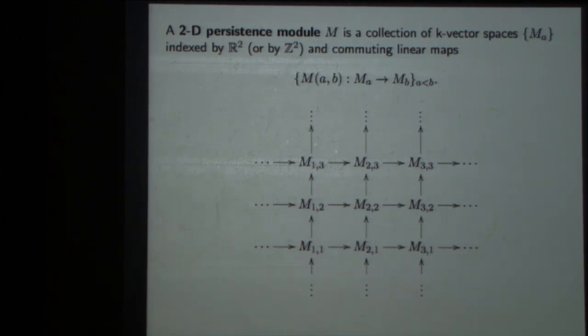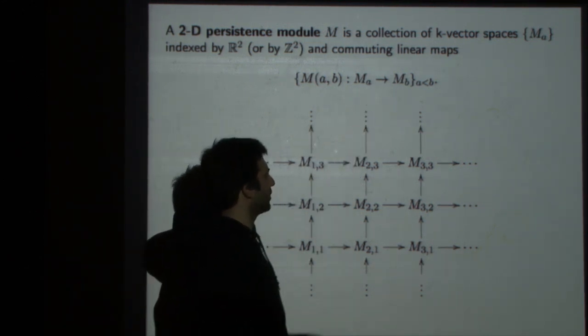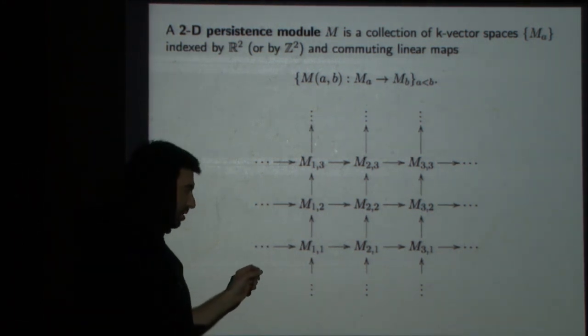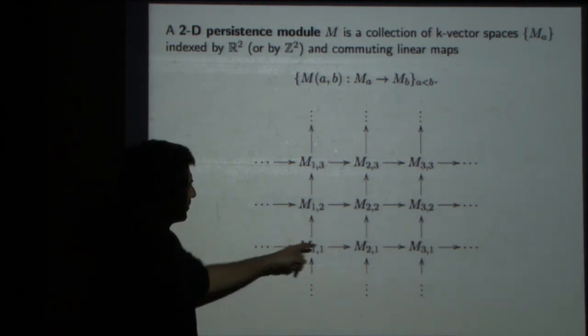Now similarly, a 2-dimensional persistence module M is a collection of k-vector spaces M_A, indexed again by either R² or Z², together with commuting linear maps M_{A,B}. These go from M_A to M_B whenever A is less than or equal to B. So in the Z² index case, this amounts to the data of a commutative diagram of vector spaces and linear maps of this grid shape.